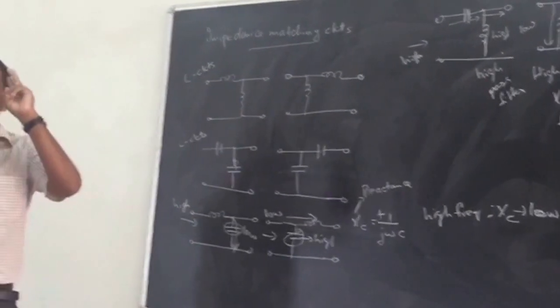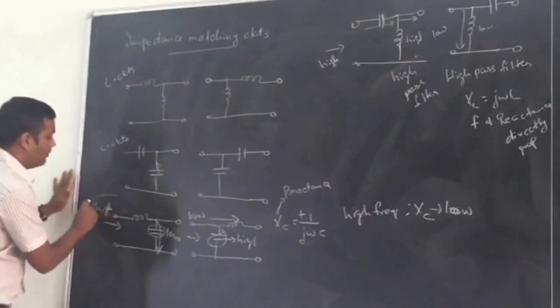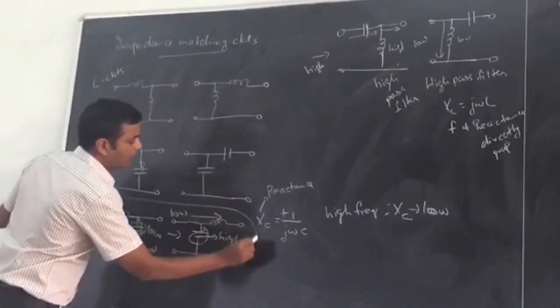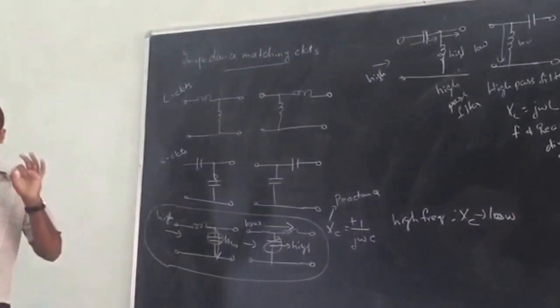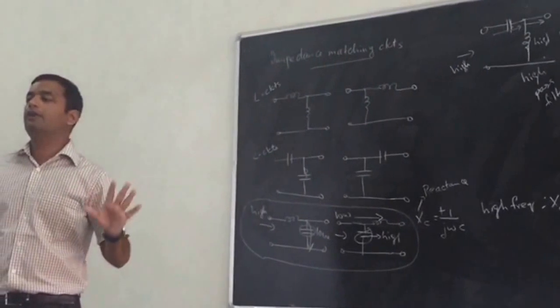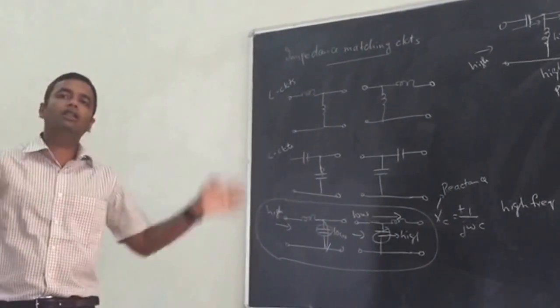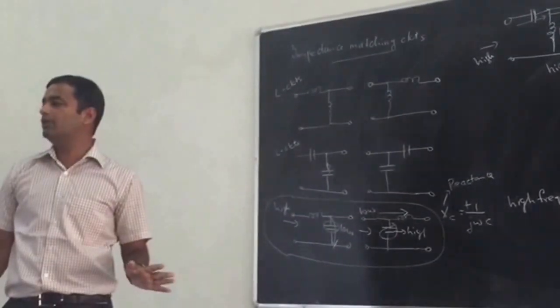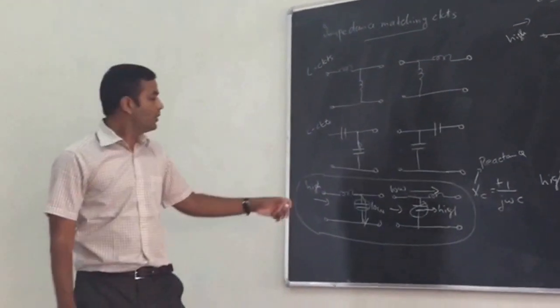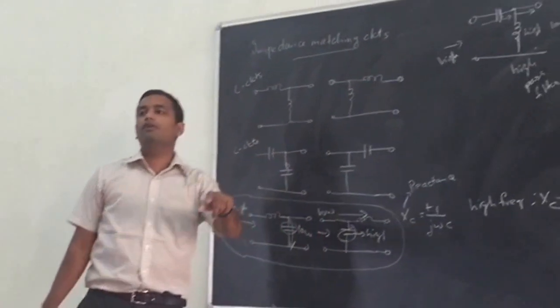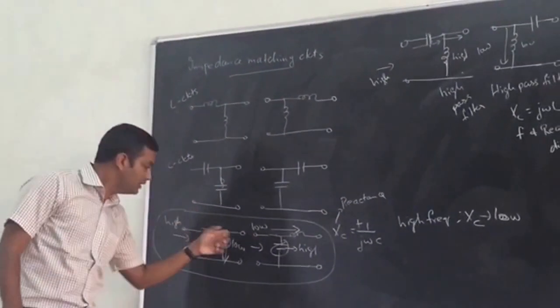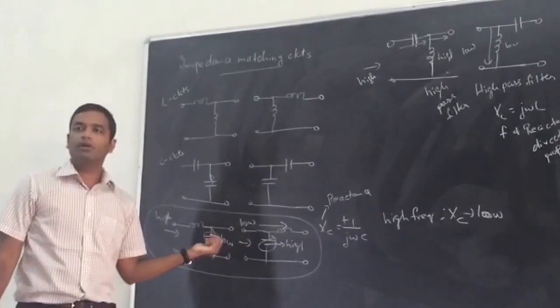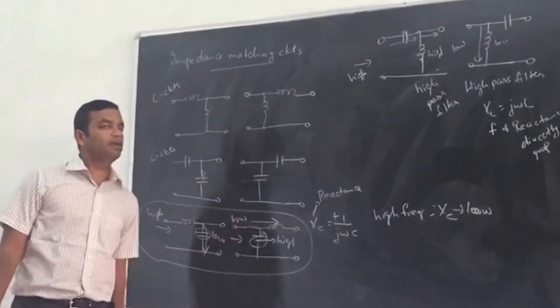We will be using only two combinations. I will use only low pass filter design, and whatever impedance matching we want to achieve, we will use only these two circuits and solve all our problems. Is it okay? Take a note of it.